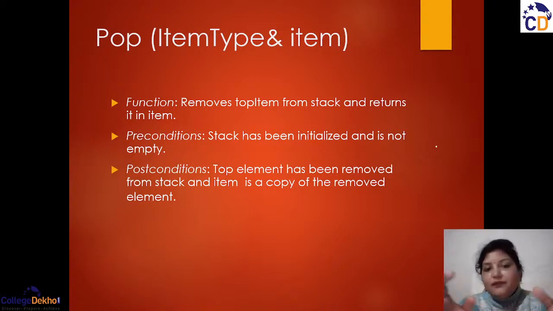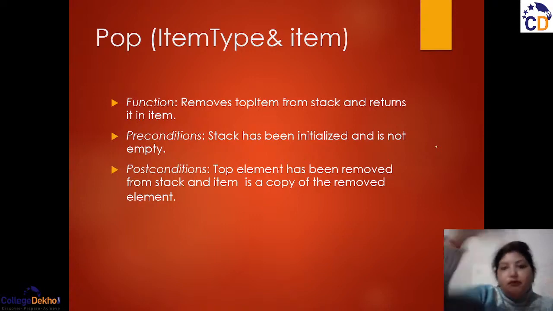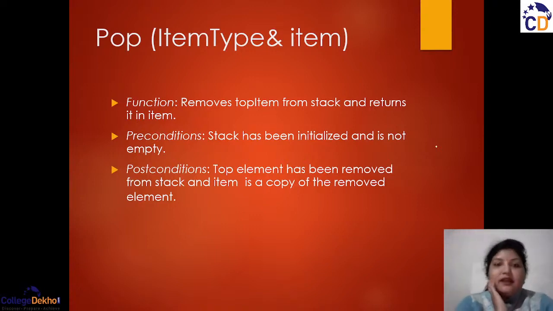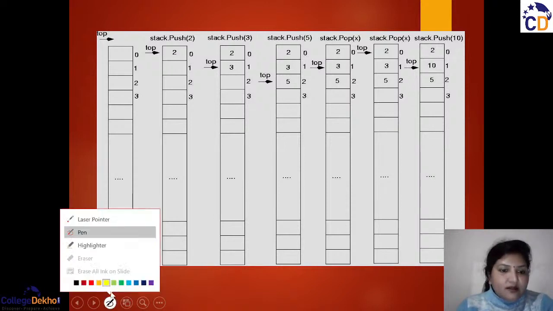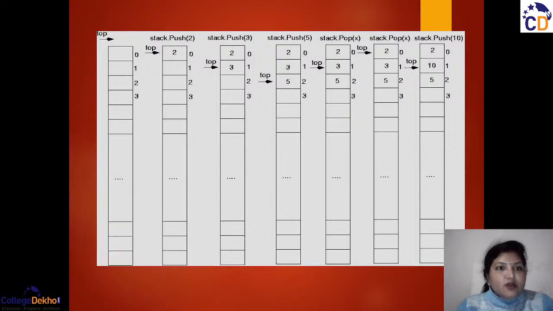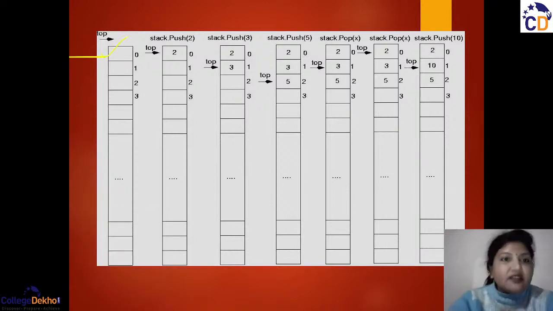Now let us see how we pop the elements and how we have the copy of that. In the first part we have the empty stack, we don't have anything.